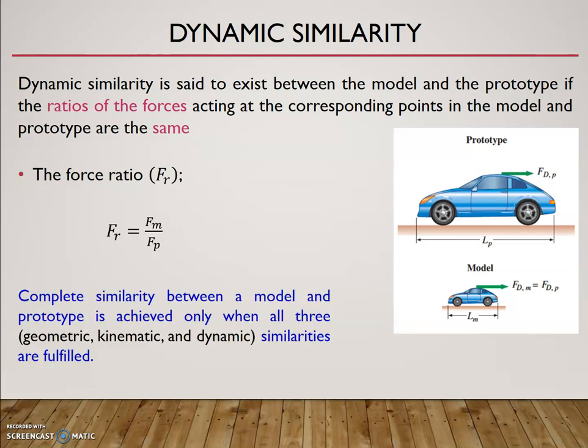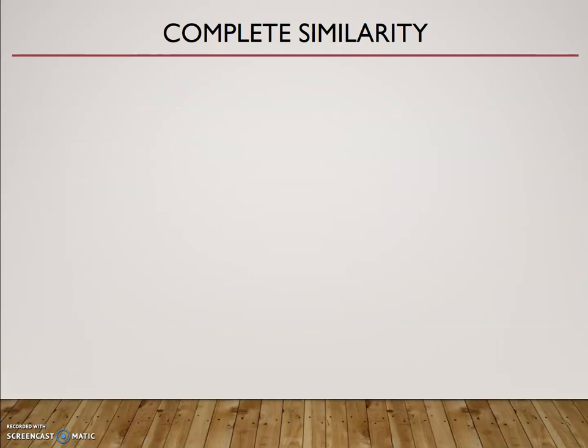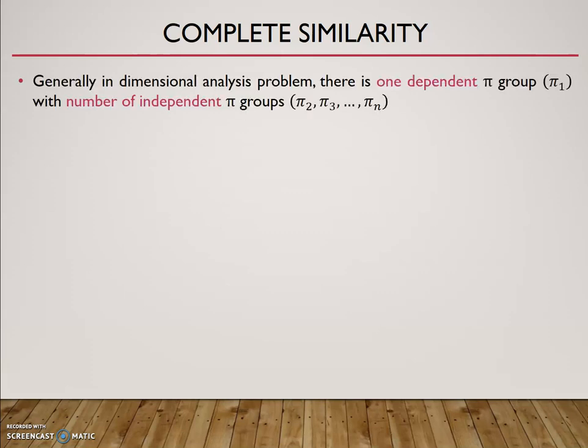So complete similarity between a model and prototype is achieved only when all three similarities, namely geometric similarity, kinematic similarity and dynamic similarity, are fulfilled. If we summarize the process of dimensional analysis, first we have to find the pi groups. There is one dependent pi group with a number of independent pi groups.